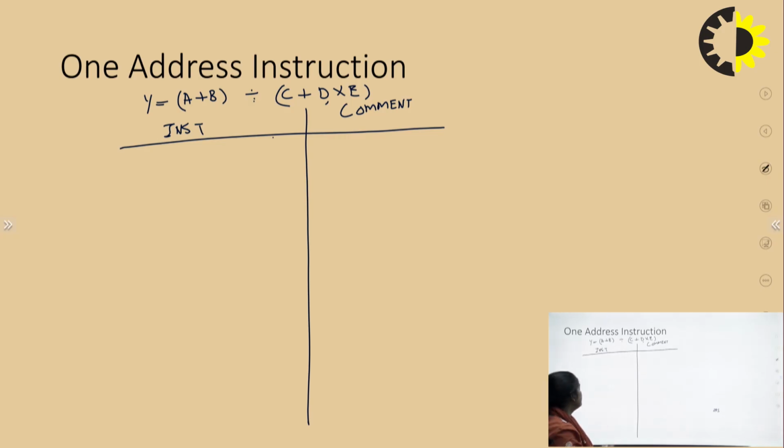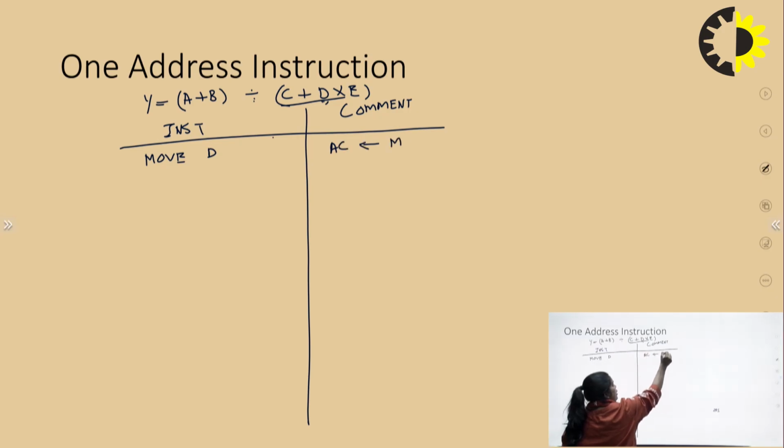Fine. Now we are going to store it here as an accumulator. So first of all, we can use move D. Move D, because first we are going to perform D into E. So move D means in the accumulator you are inserting D, M of D.